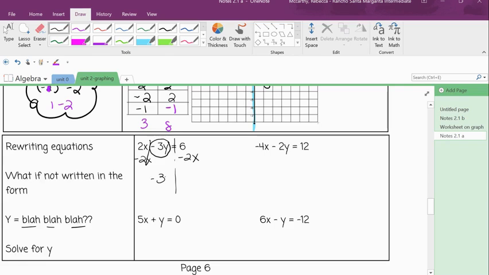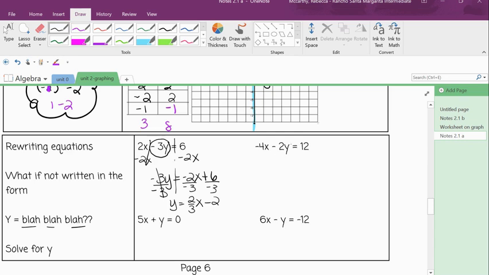And I get -3y equals -2x plus 6. And now I'm going to divide by a -3. Since I have two terms here, I'm going to divide by -3 on both sides. So now I have y equals 2/3 x minus 2. Now I can make my t-table and plot my points.